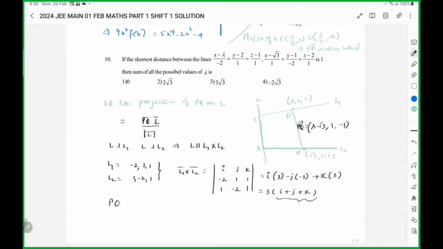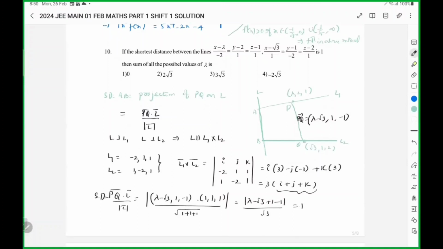Even if I take 3, or don't take 3, they get cancelled out in L by mod L. Shortest distance will be PQ dot L by mod L. That is lambda minus root 3, 1 minus 1, 1, 1, 1 by modulus, plus 1 minus 1 by root 3, which is given as 1, the shortest distance.